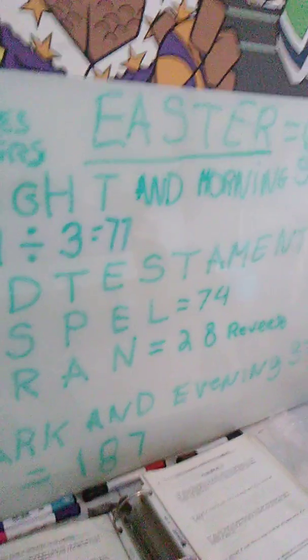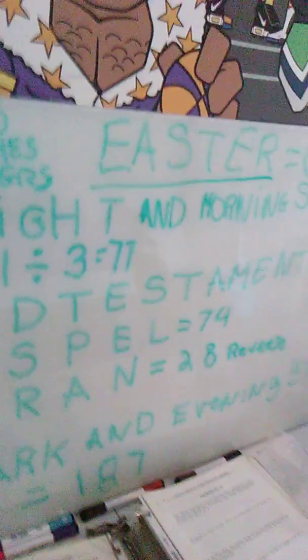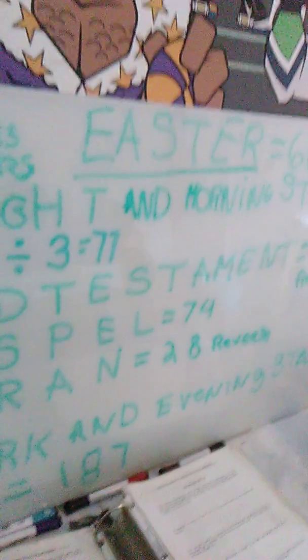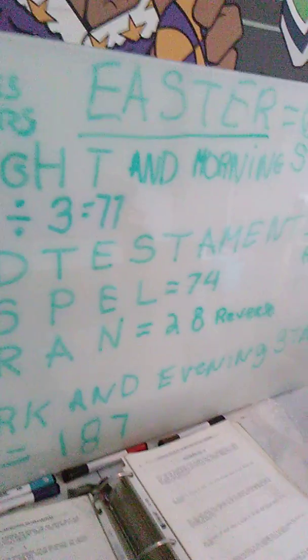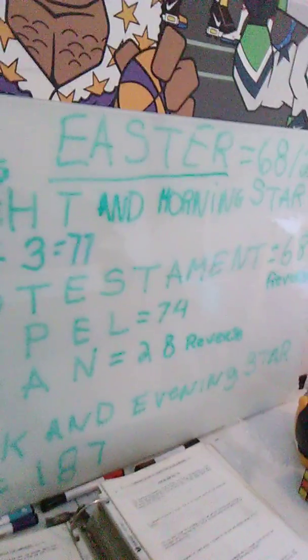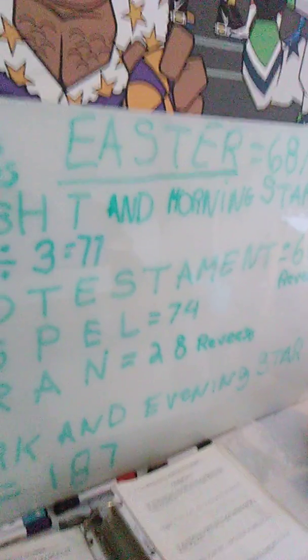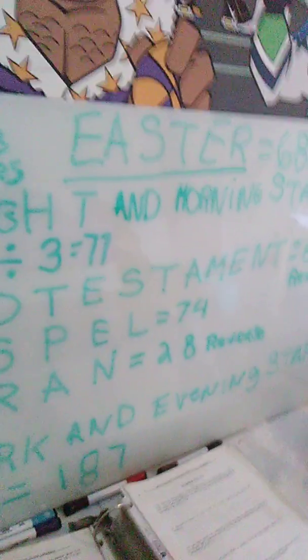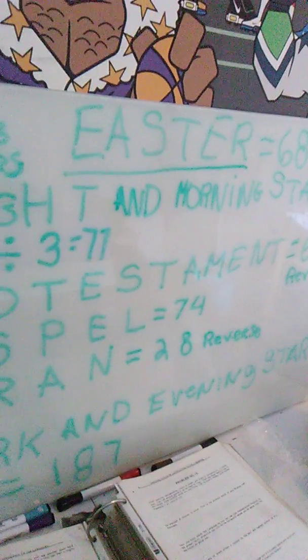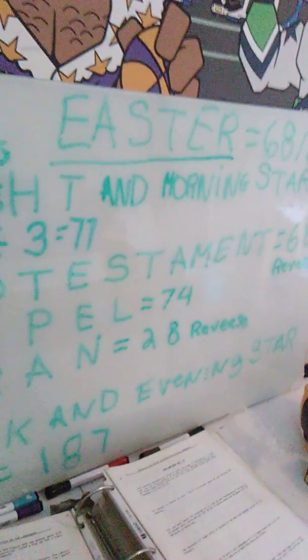He was born June the 8th, 68. Old Testament, 68. Easter, 68. June 8th, right? God's son, 99. He was born in 1999. So when you write out John Earnest's birth date, right? He's 19, 68, 99. Don't believe me? Check it out. We're talking about a death murder cult, right?